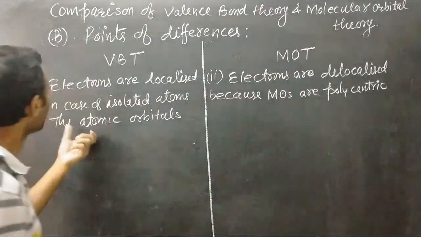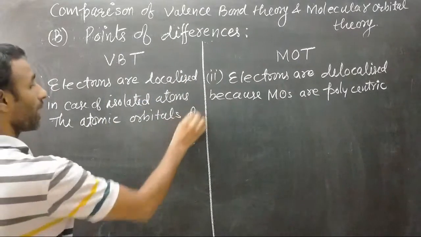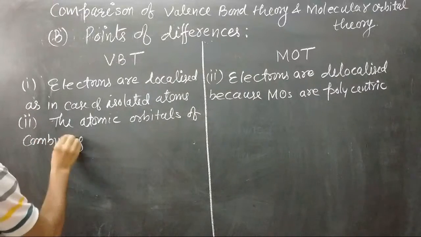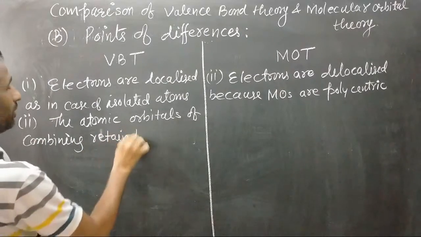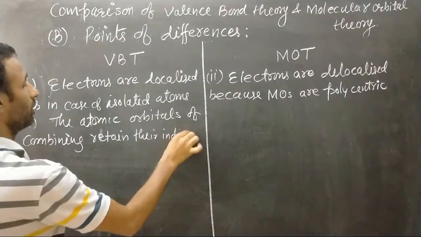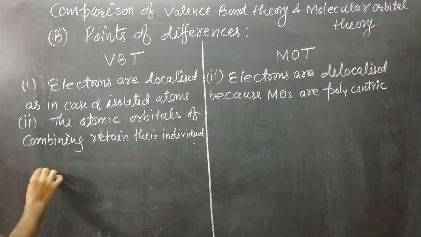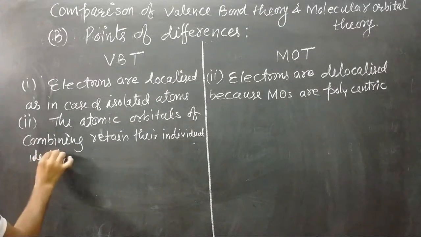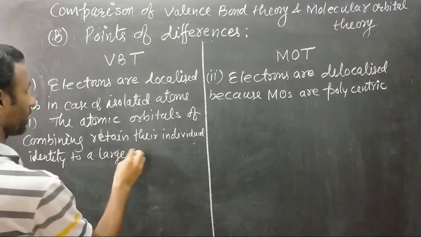So in this case, atomic orbitals do not retain their individual identity. They are converted into molecular orbitals and they lose their own identity. But in case of valence bond theory, atomic orbitals of combining atoms retain their individual identity to a large extent.